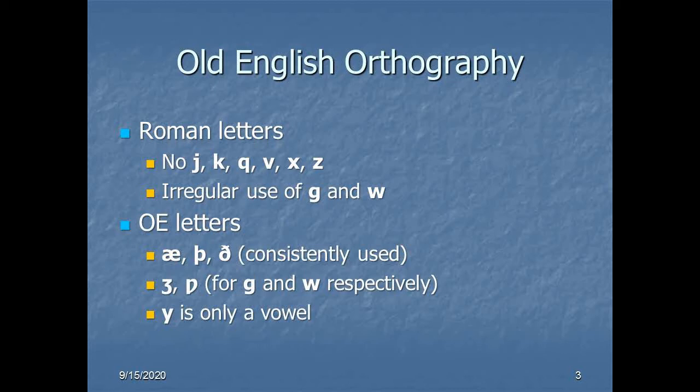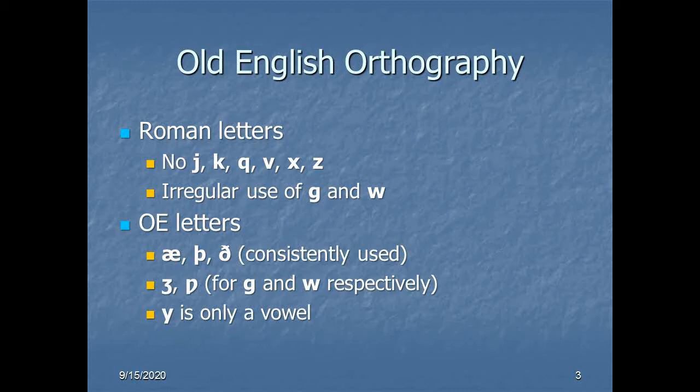The next two, the thorn and the eth, that's the funny-looking P thing and the funny-looking curly cross D thing, are used to represent, well, were originally used to represent the sounds for which we use the TH. So, th as in thing, and th as in that.